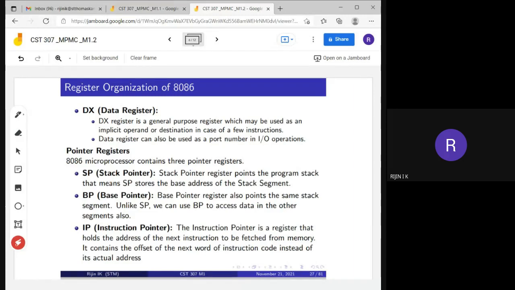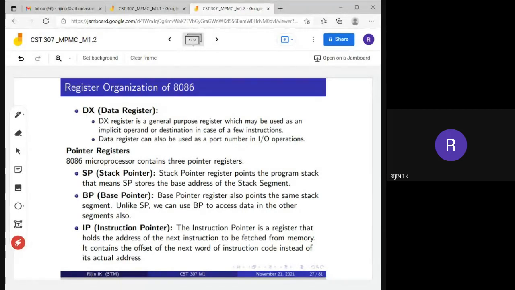The stack pointer register points to the program stack. That means the stack pointer will store the address of the stack segment. It contains the base address of the stack.